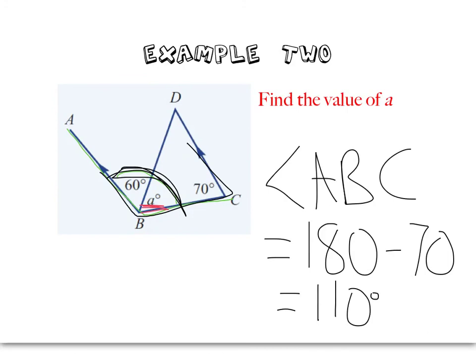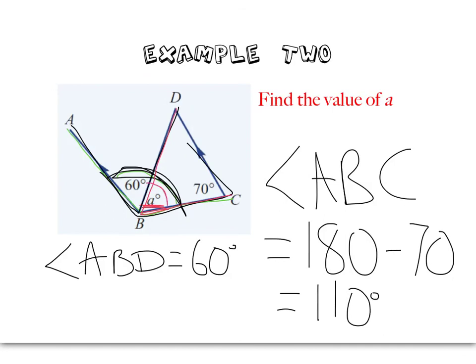I just want a. If all of it's 110, oh, hold on, I've got this 60 degrees here. So I've got angle ABD, this guy in here, equaling 60 degrees. So to find this little angle in here, angle DBC, or a, it equals 110, which is all of it, subtract 60. Oh, that's super easy. That's 50 degrees.